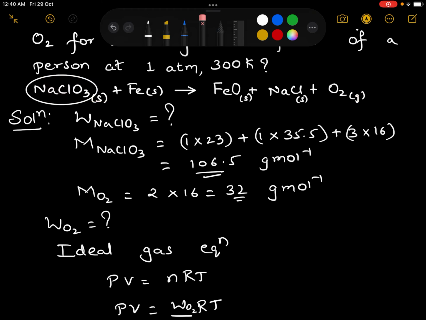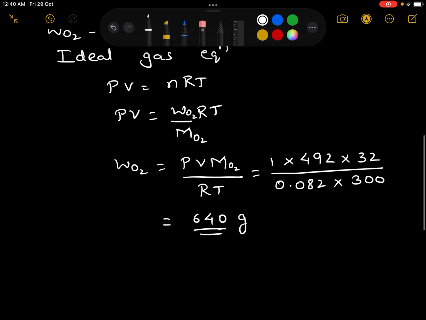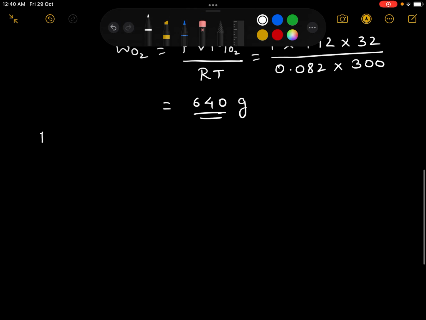So let's write that down. 1 mole of sodium chlorate corresponds to 1 mole of oxygen gas.